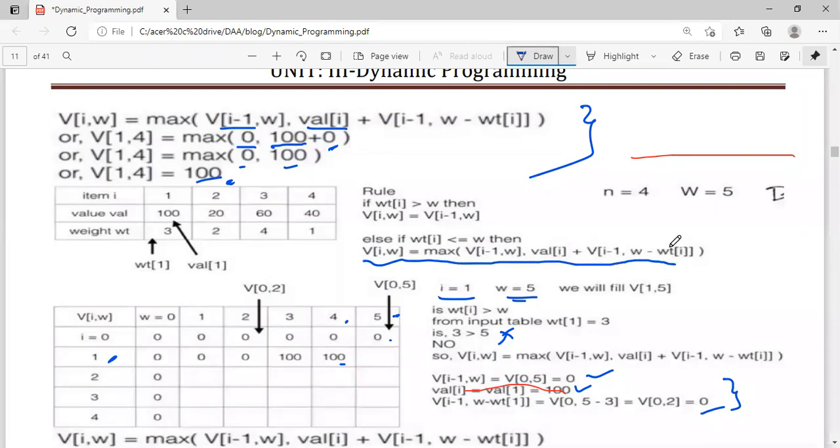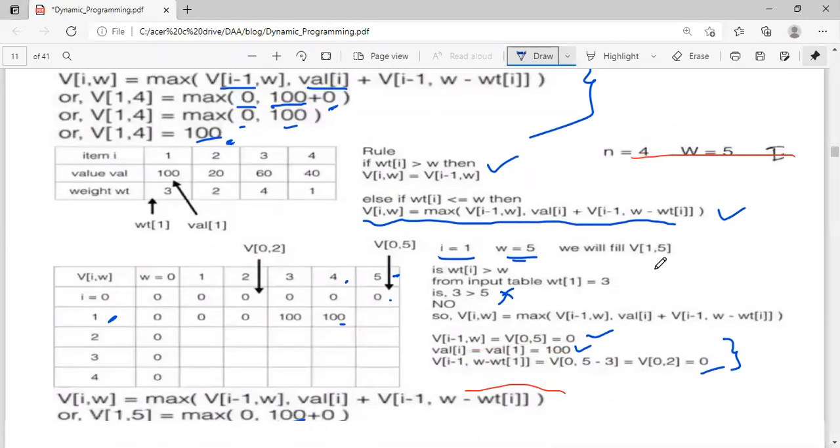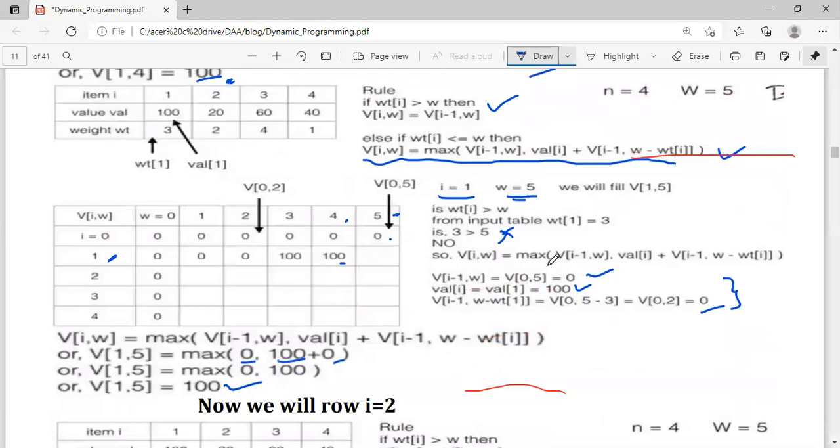The most important thing in the 0/1 knapsack problem is that you just need to check which formula is satisfied, this or this, and implement it again and again. The same thing again: we divide the formula into 3 parts to solve it the easy way.